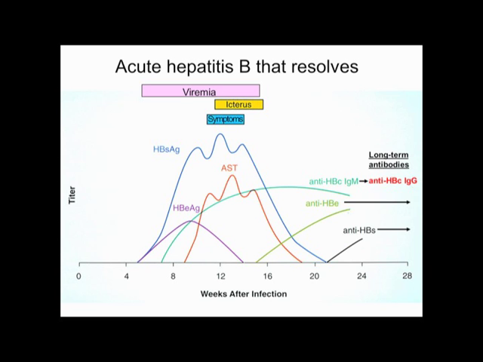So when you have acute hepatitis B, you get a viremia, and that viremia actually persists. So by the time somebody comes in to see you, they may still have virus in their blood. They're certainly going to have this surface antigen because they're making a lot of it.